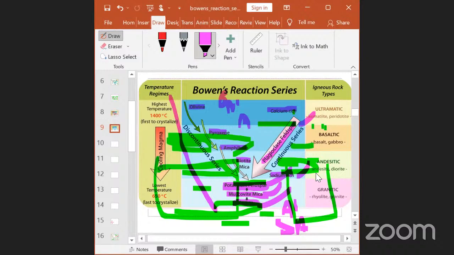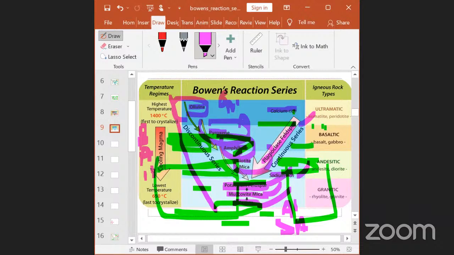So you start at high temperatures with olivine, pyroxene, amphibole, and biotite. You remember this order by going OPAB. OPAB, right? So this is the Bowen's reaction series.